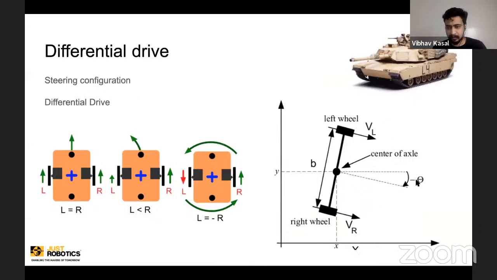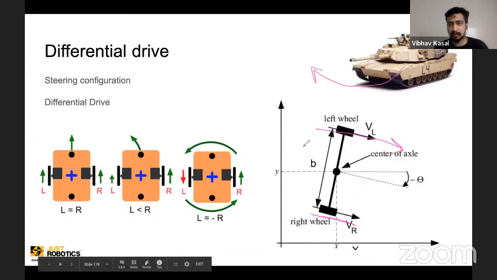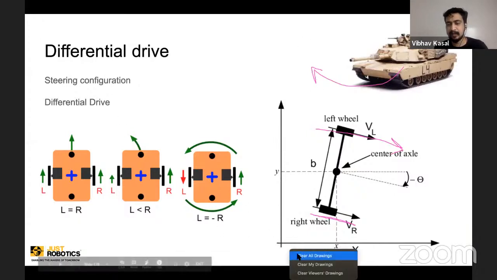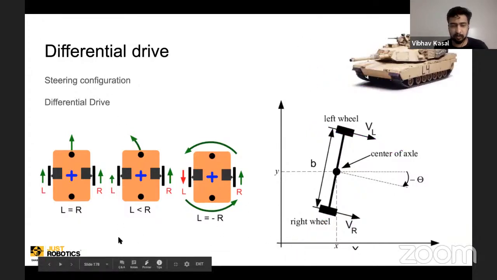When there is more velocity or more power given to one side of the track, that side will go forward, and this side will not turn, or less velocity is given. So the battle tanker is able to turn based on more velocity and less velocity. This type of driving the robot is called differential drive.